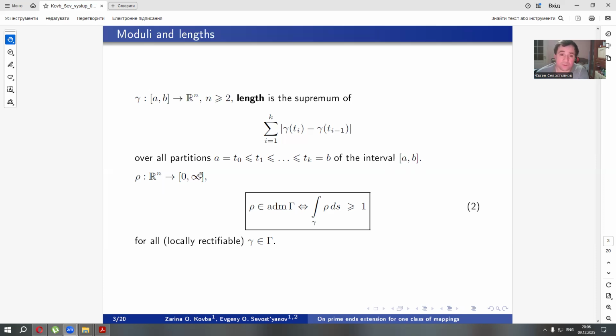In what follows, rho is a Borel function, so a function rho is called admissible for a path family Gamma if relation 2 holds for any path gamma of the family Gamma.